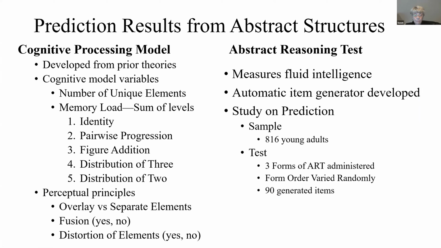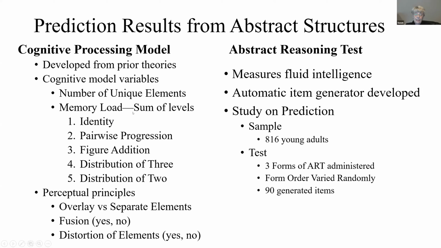So I have what I call the cognitive model process variables. And there's 2 of them, number of unique elements and memory load. And memory load is kind of a complex variable because it depends on the type of relationships that are in the item. And this is an ordering of relationships 1 to 5 for their difficulty. And it's assumed that what an individual does is to try the easy things first and goes on to the 5th one last.